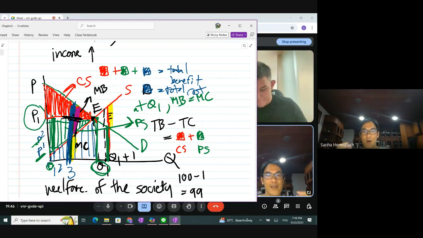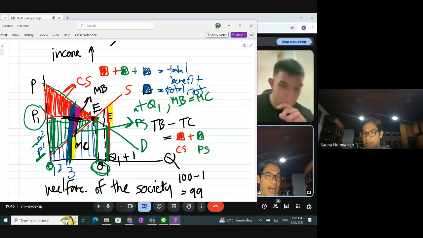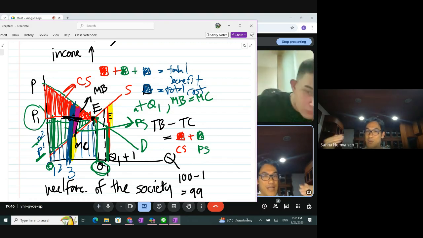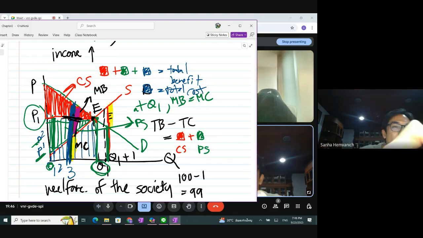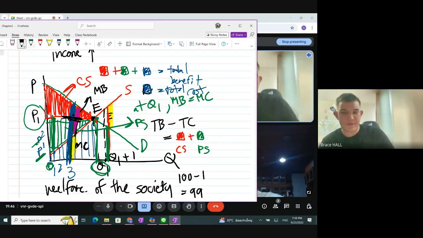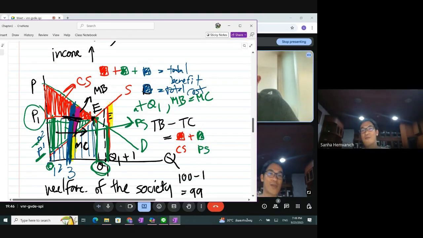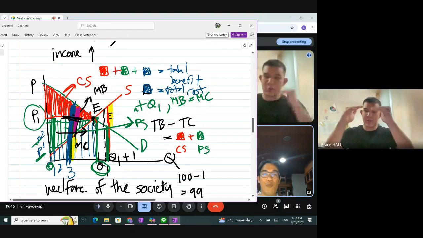So what is the idea? How many units are we going to produce? The answer is as long as the marginal benefit exceeds the marginal cost, we keep producing. As long as there's more benefit than cost, you keep going. The moment the cost is more than the benefit, you stop.